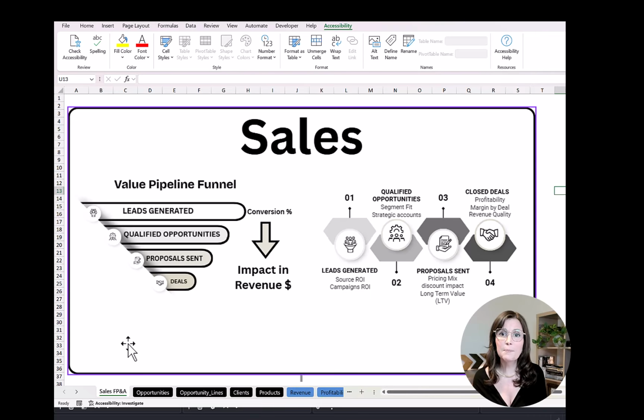Just take the number of leads, apply a conversion rate, and boom, forecast revenue. But if you are in FP&A, you know it's never that simple. Our job is to go deeper, to ask what else these stages are impacting beyond the top line revenue. And that's where this database gets interesting. So let's take a look into the tabs of this database.